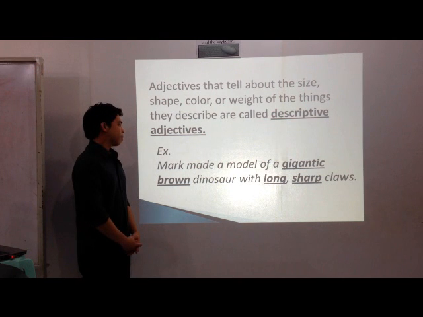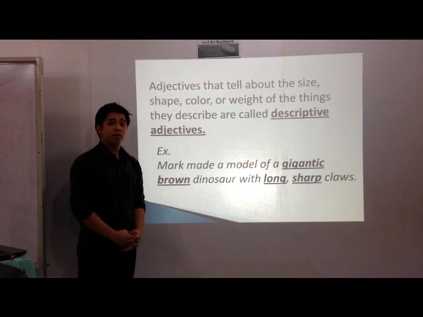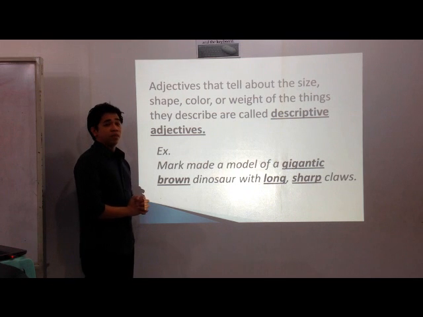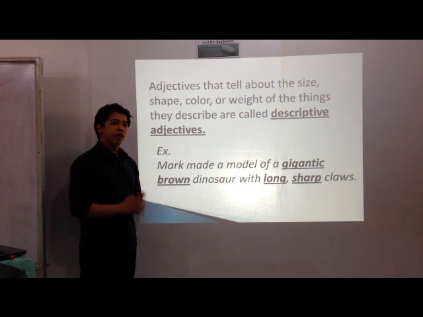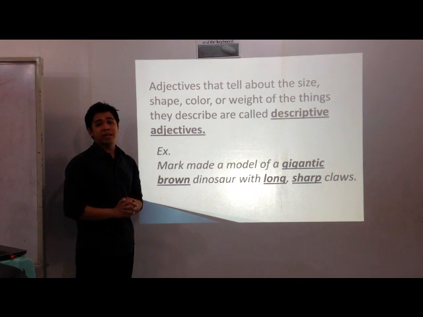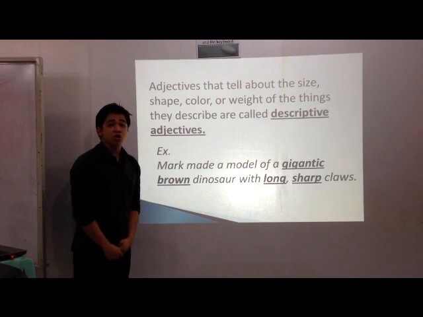For example, Mark made a model of a gigantic brown dinosaur with long, sharp claws. Before we identify the adjectives in this sentence, it is very important for us to determine first what the nouns in the sentence are. The nouns are, of course, Mark, dinosaur, and claws.